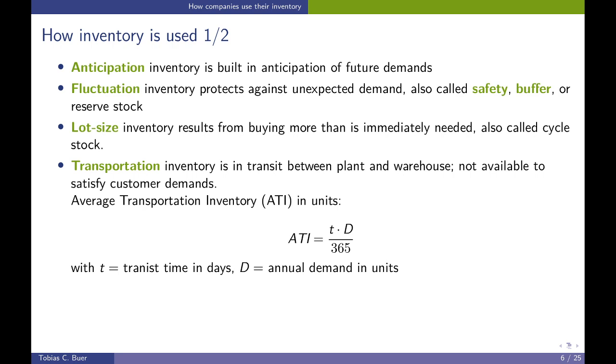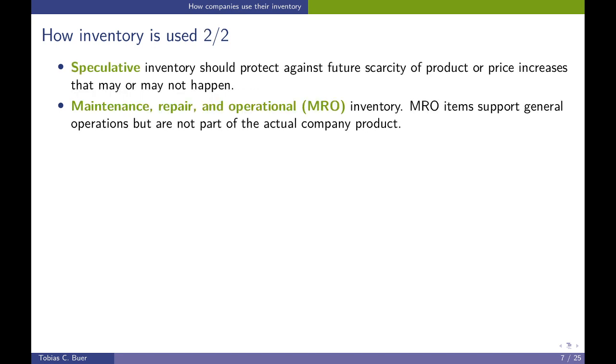Transit time multiplied by annual demand divided by the number of days in a year. So some inventory is not available because it's in some transportation process.